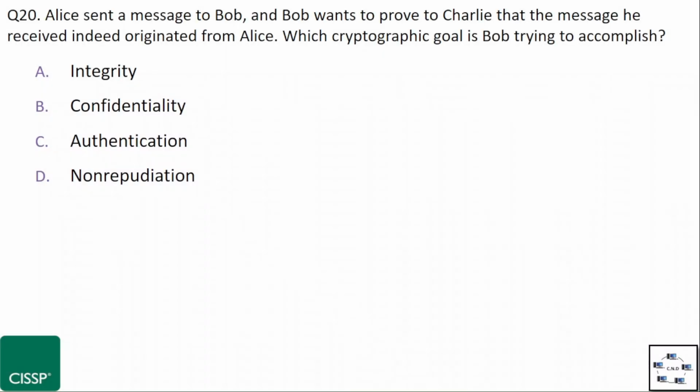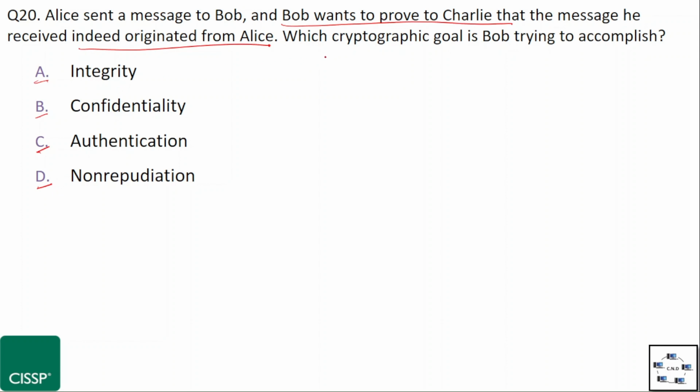Question number 20. Alice sent a message to Bob. Bob wants to prove to Charlie that the message he received indeed originated from Alice. Which cryptographic goal is Bob trying to accomplish? The options are option A, integrity, option B, confidentiality, option C, authentication, and option D, non-repudiation.